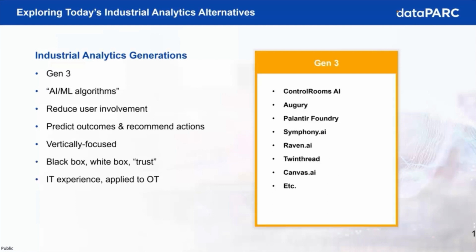And lastly, we have the Gen 3 companies, the newer players out there, which are a little more AI, ML, algorithm based, so more of an algorithm first approach. So having less user involvement and more about using the algorithm to predict outcomes, and then provide recommended actions with those.